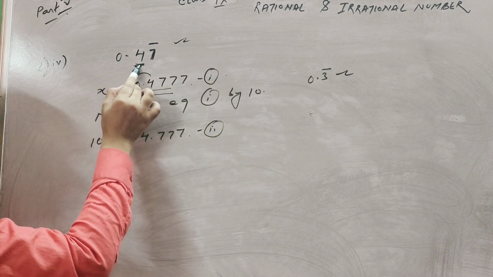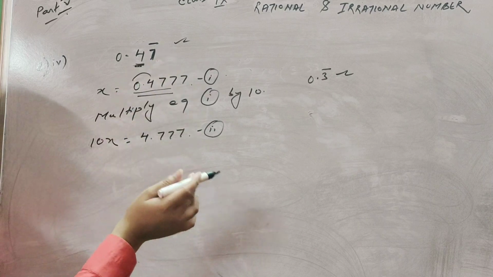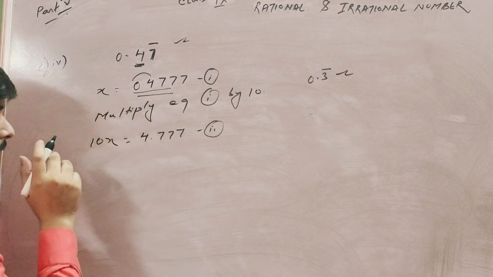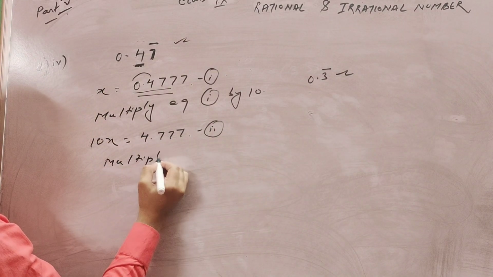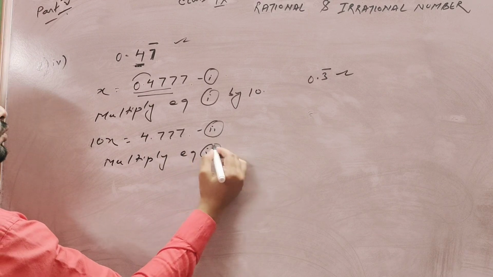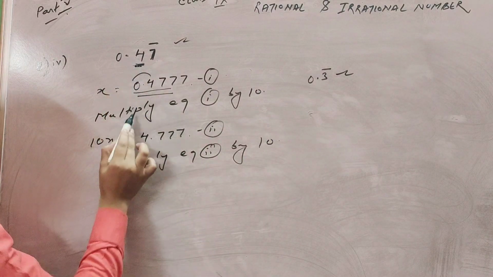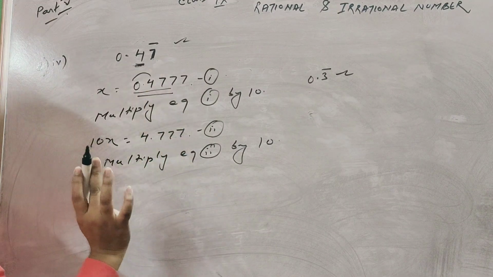So for the 4 we multiply the equation by 10, and for 7 we multiply equation 2 again by 10. So multiply equation 2 by 10. This multiplication is for 4, this multiplication is for 7.